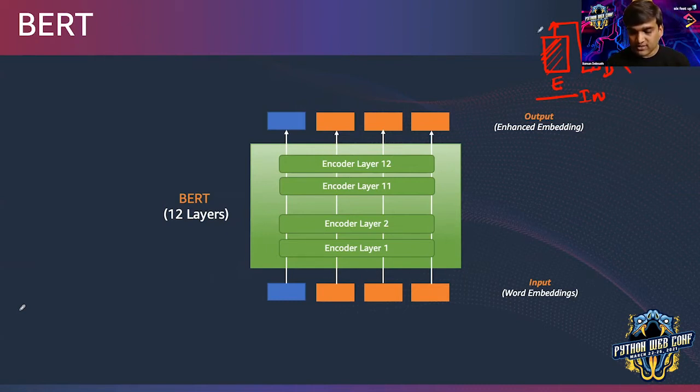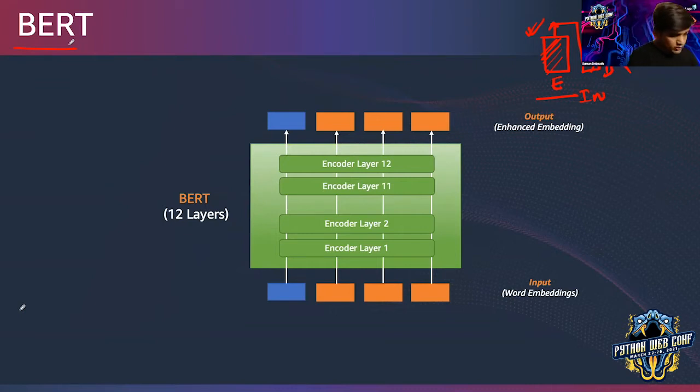All you have is the encoder. That's why we typically say that BERT is a special kind of transformer which doesn't have the decoder. So the name is bidirectional encoder representation of transformer.